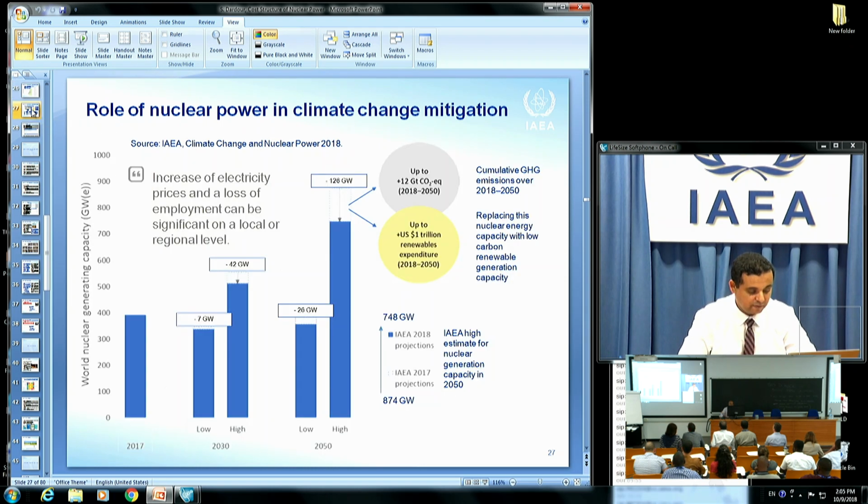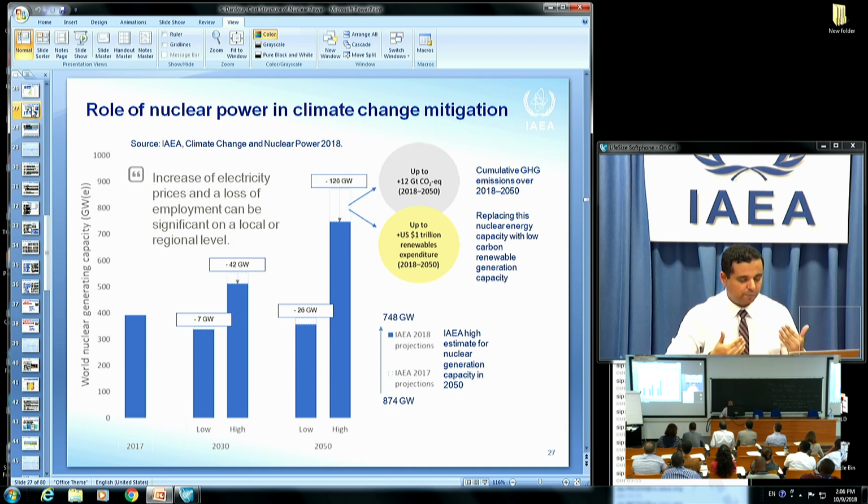So slide 27. Slide 27 is from the Climate Change and Nuclear Power report the agency has produced this year. What this slide shows is that the agency estimates for nuclear power are decreasing.